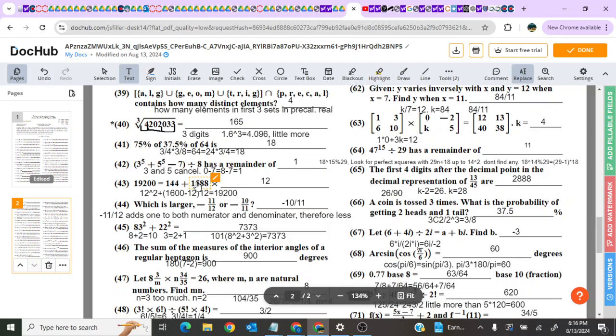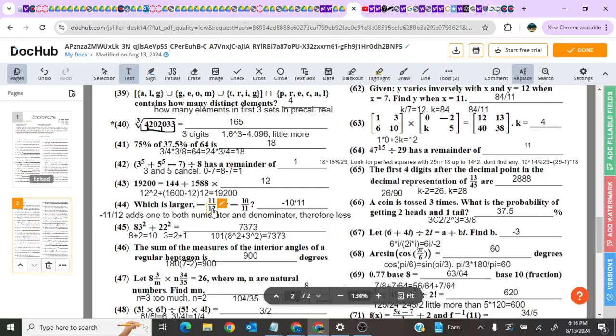It's pretty obvious. Which is larger, negative 11 over 12 or negative 10 over 11? Well, when you add a number to the numerator and the denominator, you increase its magnitude, make it closer to 1 and negative 1. Because you can imagine negative 999,999 over 1 and then a bunch of zeros is going to be pretty much the same thing as negative 1.